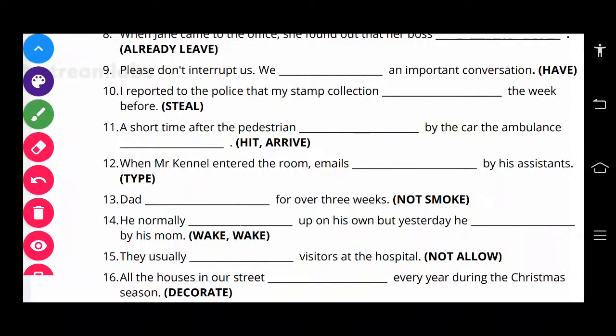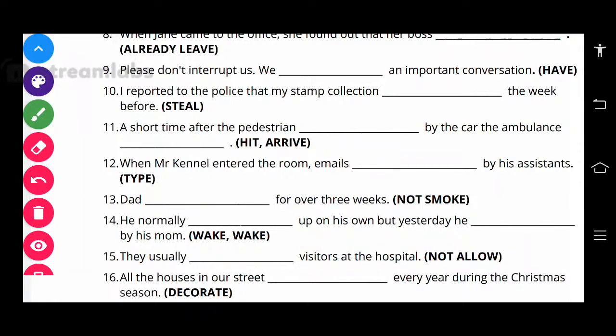But here the subject pedestrian in the earlier completed action is a non-doer, so we should not use had plus V3. It is to be used had been plus V3. Therefore the answer has to be like this: a short time after the pedestrian had been hit by the car, the ambulance arrived. Yeah, very good. Not had arrived, only arrived.